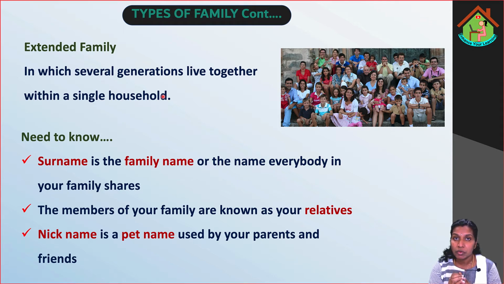You just think about your family. You are the one and your brother or sister will be there, then your parents will be there, right? Sometimes your grandparents also will be there with you. Other than your grandparents, parents and your brothers and sisters, your grandfather's sister or their kids and their grandsons, if all are living in one house, you just imagine how big the family will be.